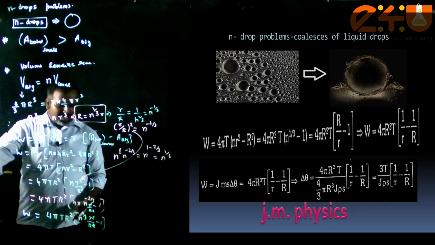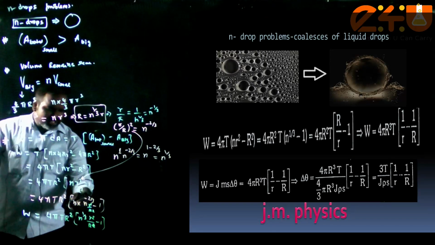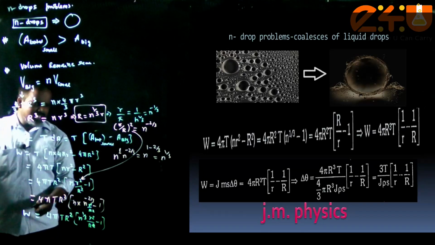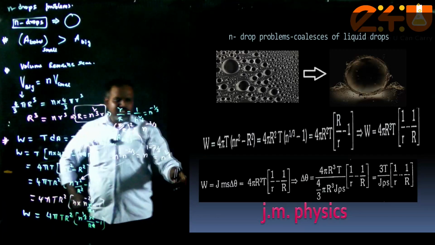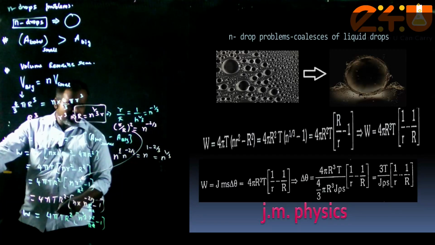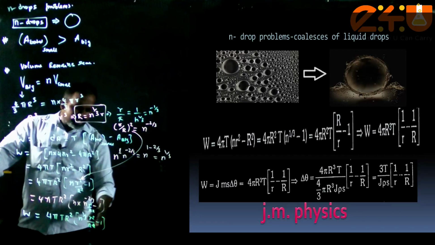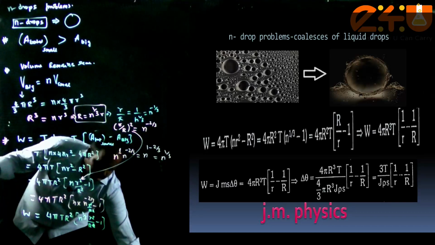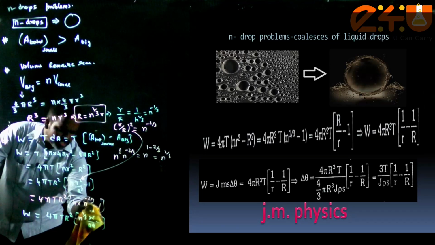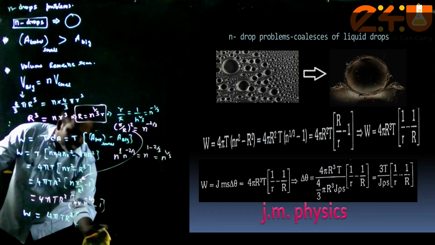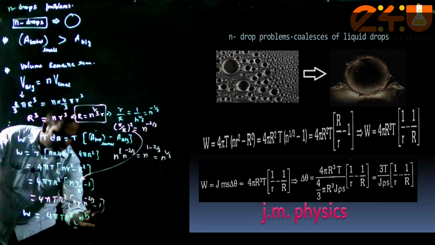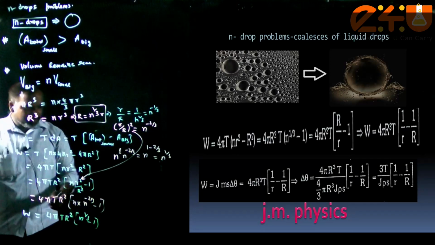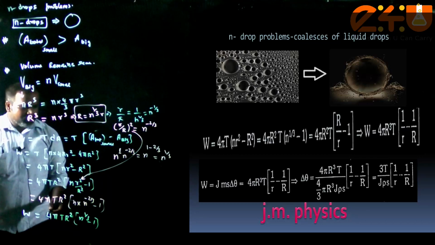Now please take care of this term, because that r squared by R squared is replaced here. So please be careful with that. Therefore I can get n to the power 1/3 minus 1.